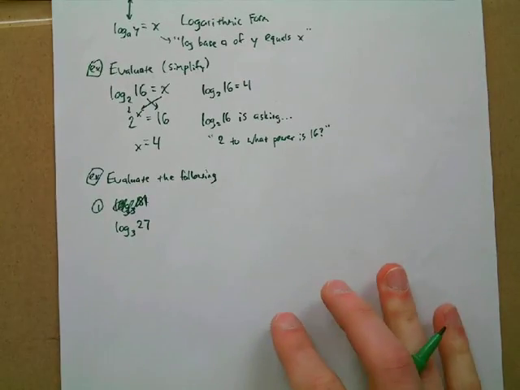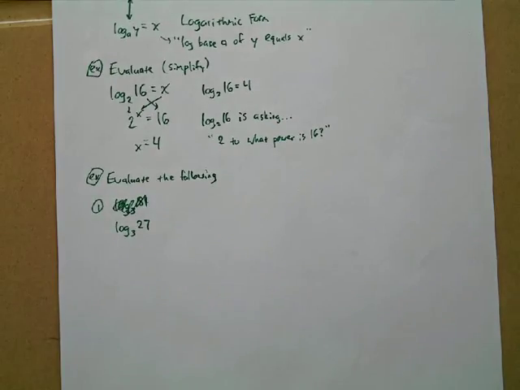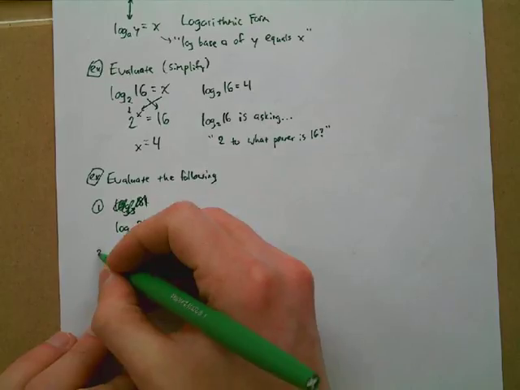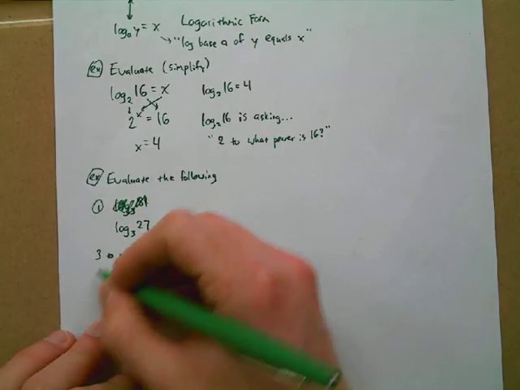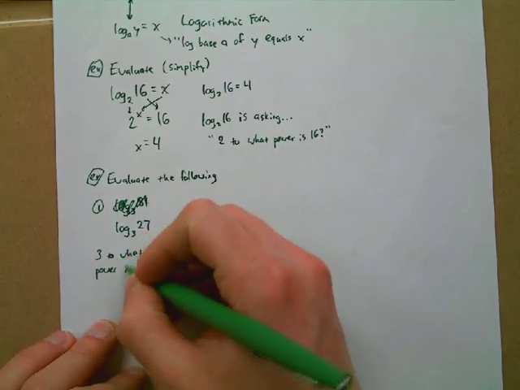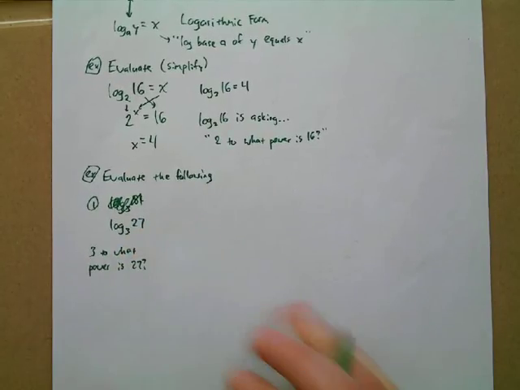Again, the question that's being asked here is: 3 to what power is 27? And what's the answer to that? 3, right? n equals 3.